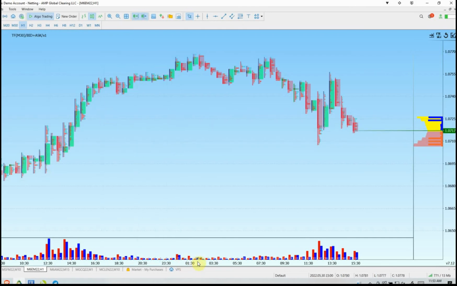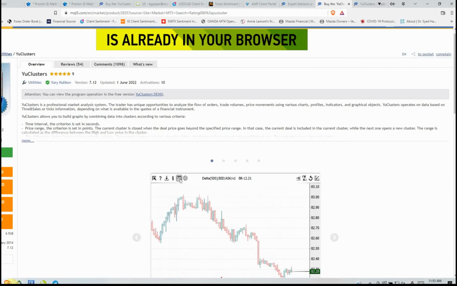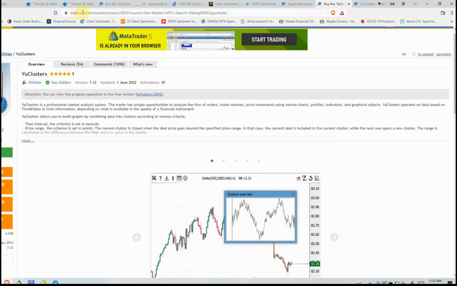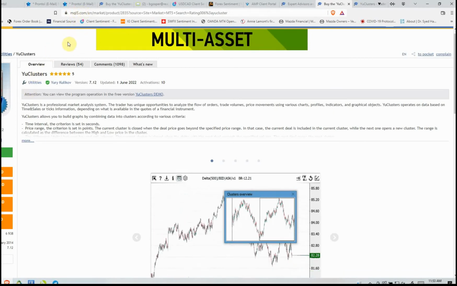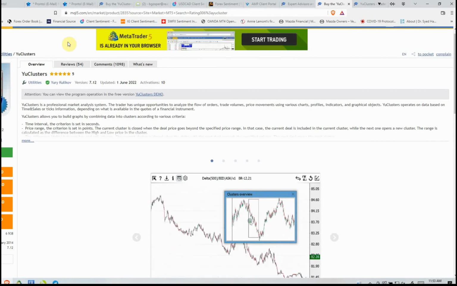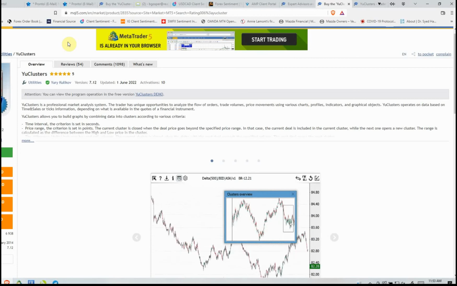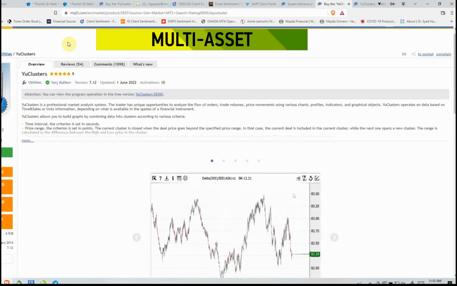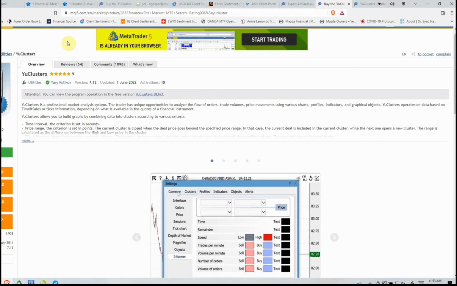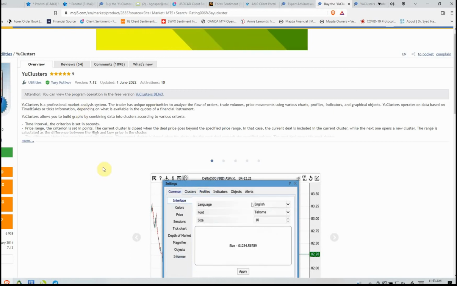There are probably different places you can get this software, but I'll show you that I got it on MQL5.com. This is basically the marketplace for MetaTrader. There's a marketplace for MT4 and MT5. This software is not available, at least by this author, for MT4, only for MT5.